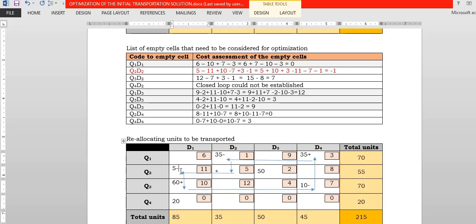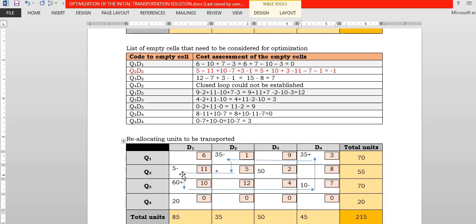There is negative 5 here, negative 35 here, negative 10 here. Positive is 60, there's the empty cell which is positive, and positive 35 here. So the smallest negative value you have there is 5.